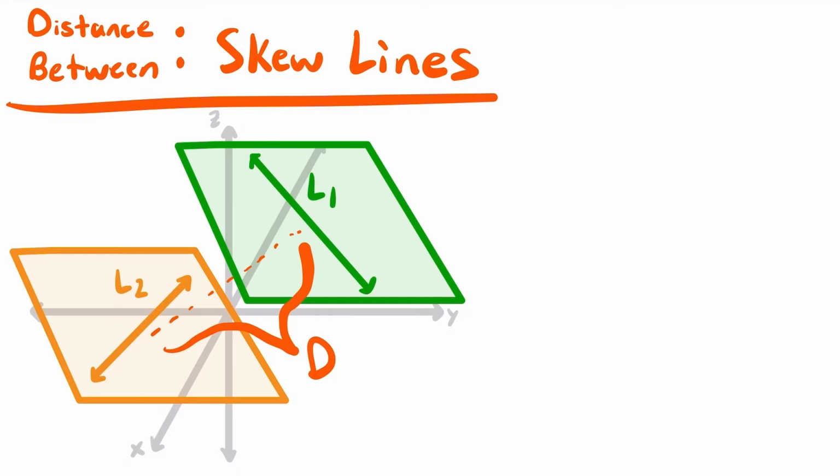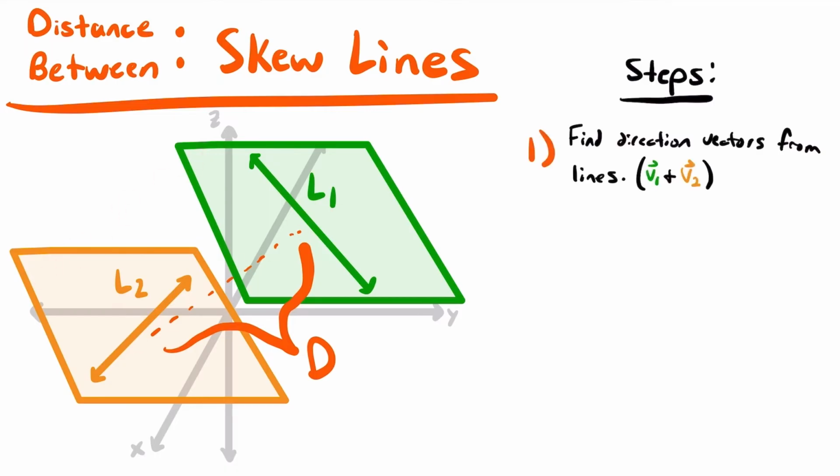There's a 4-step process that we can follow to find the parallel planes that contain skew lines. The first step will be to find the direction vectors for each of the skew lines, and we'll call those vector v1 and vector v2. Vector v1 being the direction vector for line 1, and vector v2 being the direction vector for line 2. And we'll talk about why we need those direction vectors in just a second.